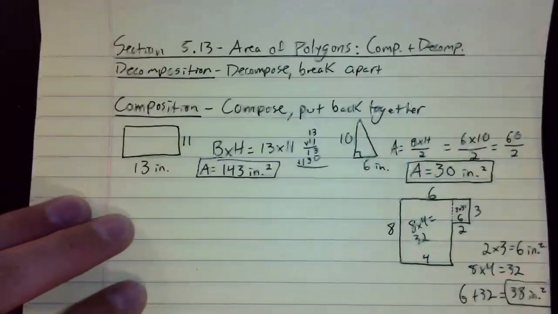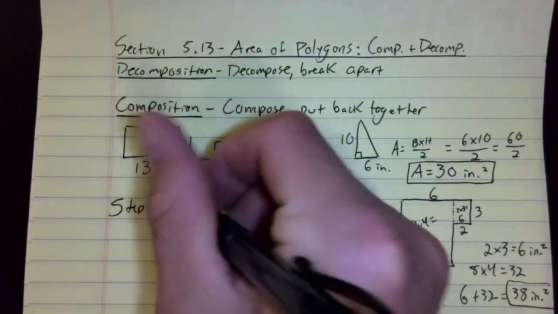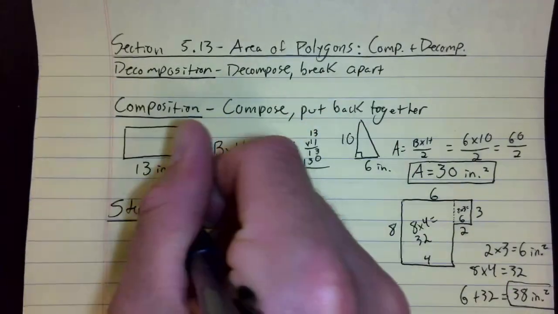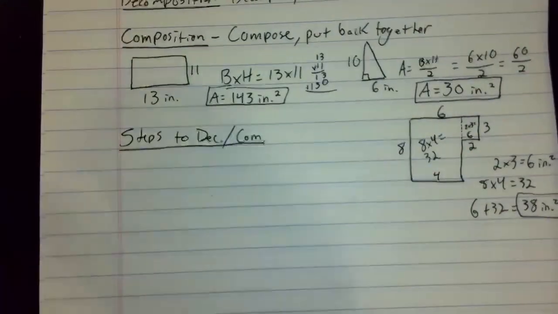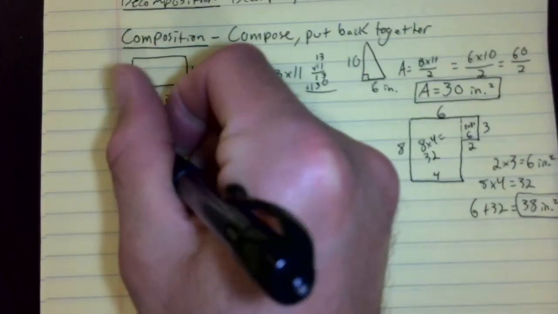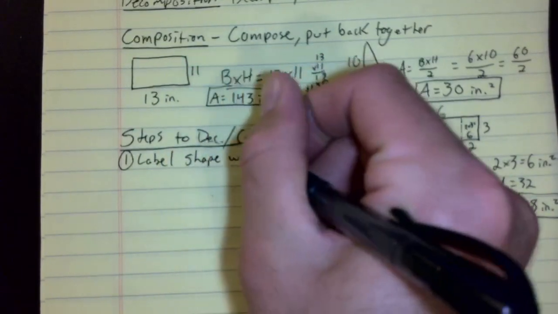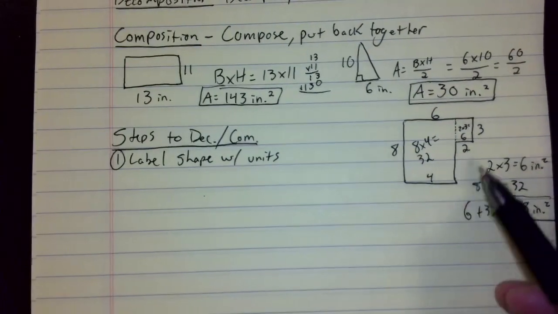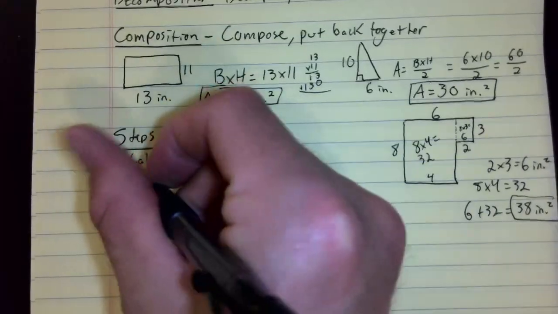That's it. So, there are 3 simple steps to decompose and compose. Step 1 would be to label shape with units, just like what we did here. Step 2 is break apart shape.